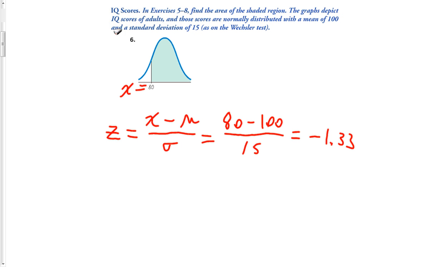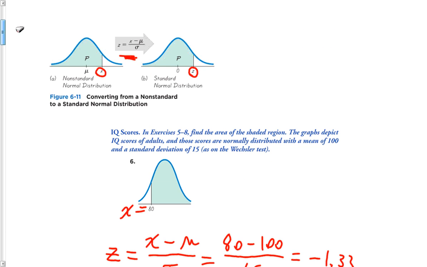All right, so what I've done is I've started with a non-standard distribution. This is my non-standard distribution right here. I've used this z formula, and I've converted it from a non-standard distribution to a standard normal distribution. And this is what my standard normal distribution will look like. Well, that's supposed to be a symmetric bell curve, but my art isn't the greatest.